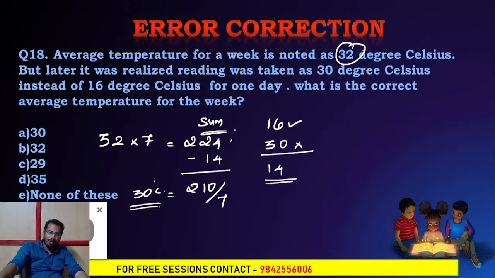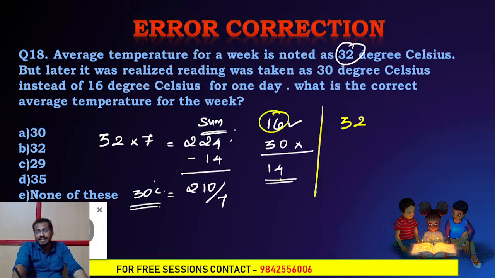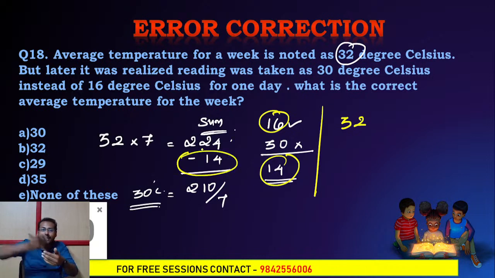Let me explain the shortcut way of getting the answer. Please listen. The total average is 32 degrees Celsius. 16 is the right one, but they took 30. That means 14 degrees Celsius they had taken extra. So I need to subtract this 14 degrees. What did we do before? We subtracted this 14 degrees Celsius from the total sum.